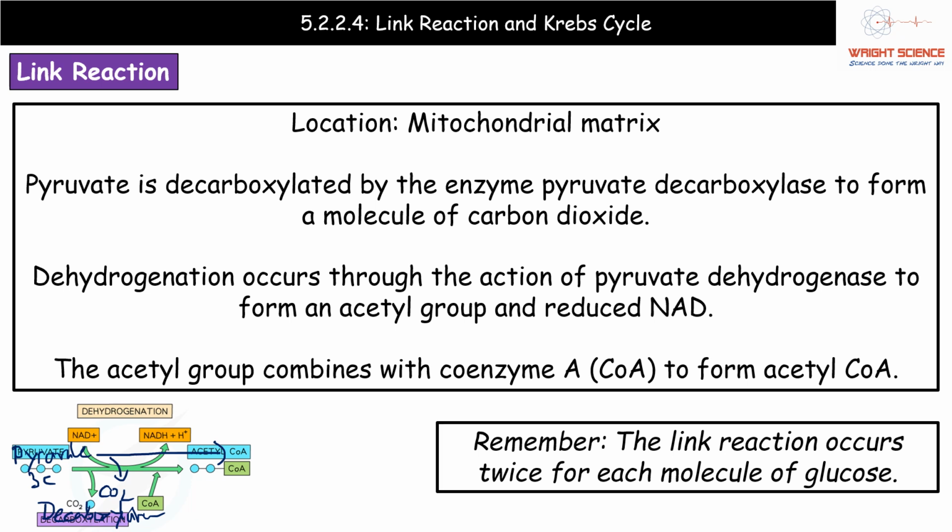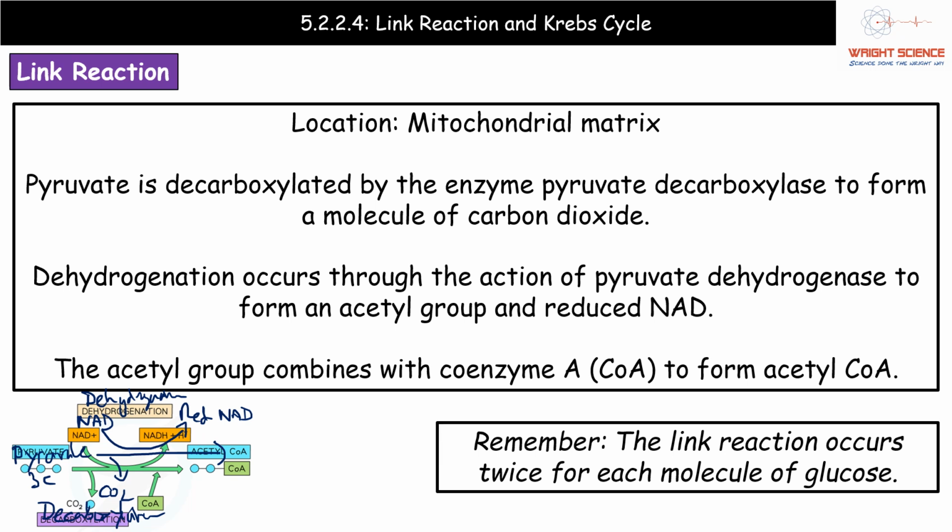Now, we also have dehydrogenation taking place because what we're also going to see happening is our NAD is going to form reduced NAD. And that is the process of dehydrogenation, which basically means that we're going to be removing a hydrogen from the pyruvate and then attaching it to our NAD.